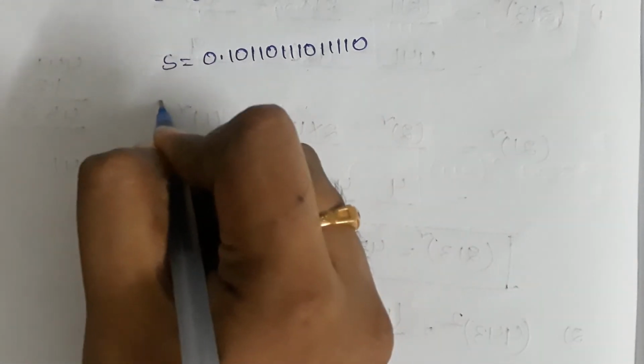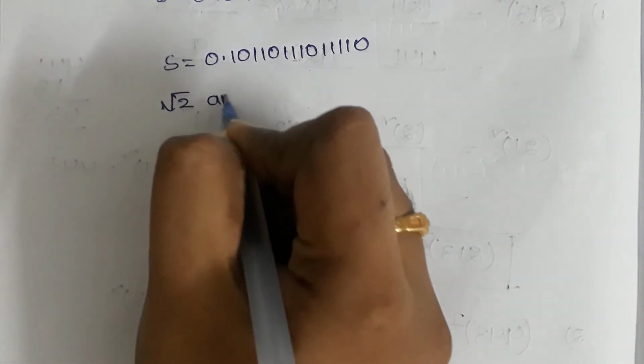And now let us see root 2 and pi, which we have seen. Now let us see their decimal expansions.